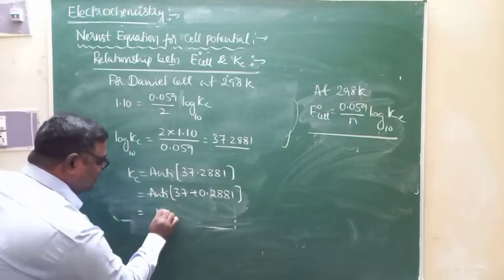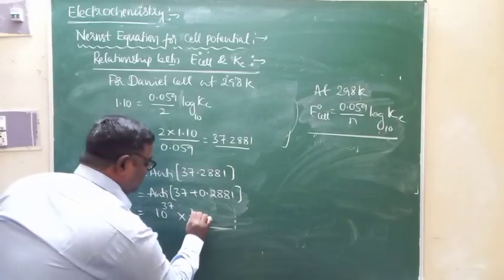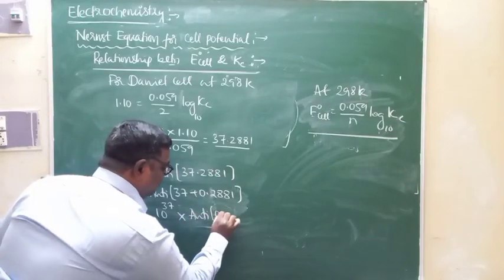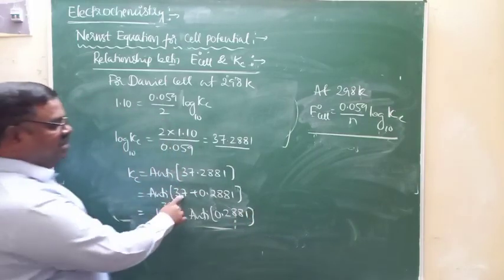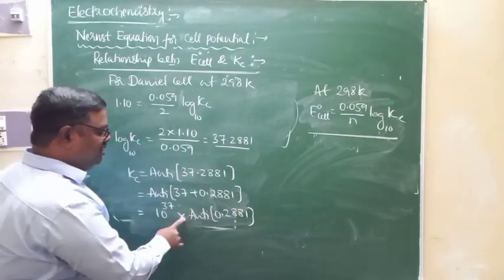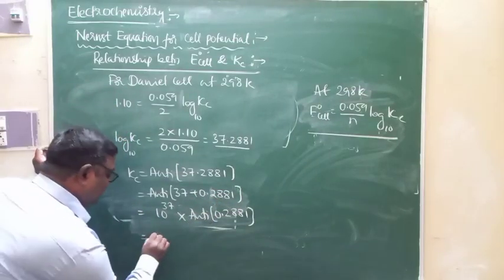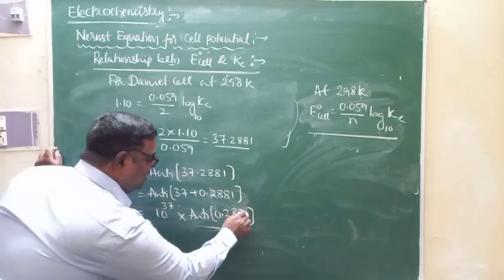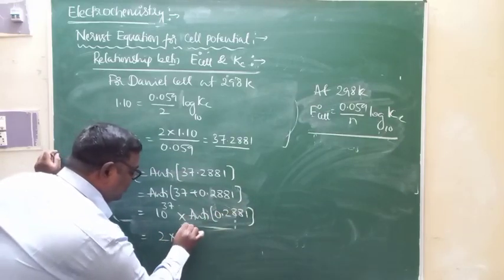Antilog of 37 is 10 to the power of 37, into antilog of 0.2881. Antilog of A plus B is equal to antilog of A into antilog of B. ಹಾಗಾಗಿ ಈ ತರ ಬರೆದಿದ್ದೀನಿ. And antilog of 0.2881 ಇದೆಯಲ್ಲ, is approximately equal to 2, that is 10 to the power of 37.